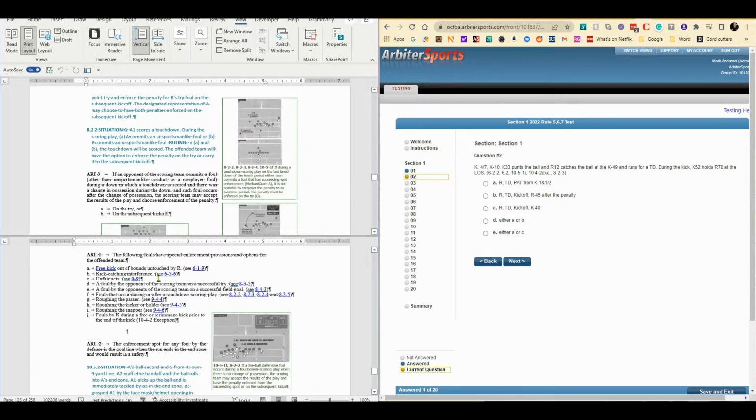So the other rule reference is 1051J, and 1051 says the following fouls have special enforcement provisions and options for the offended team. Fouls by K during a free or scrimmage kick prior to the end of the kick.